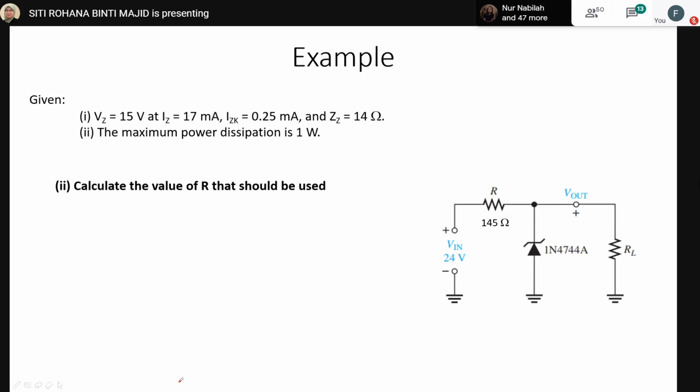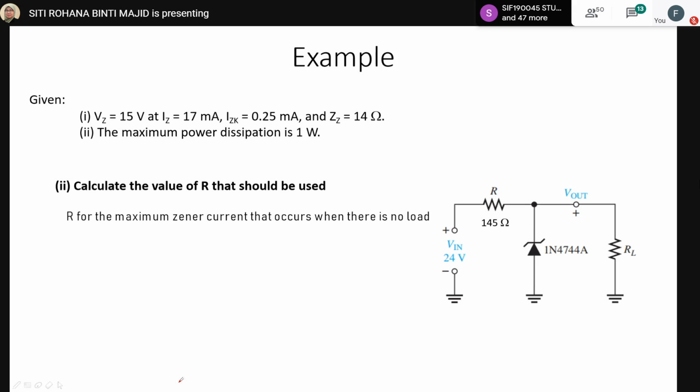Using the same example, but for the second question, we want to know the value of the resistance that we should use for this circuit. In this question, we already said that the resistor in the circuit is 15 ohm.